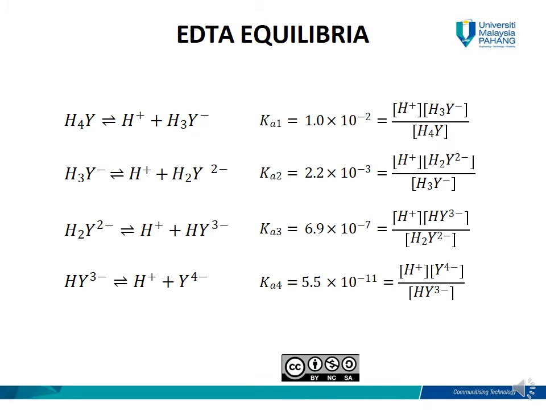The next one is Ka2, equal to 2.2 times 10 to the power of minus 3. Here you can see that the dissociation becomes smaller, and the functional sites are getting ready to react with the metal, followed by Ka3 and Ka4.